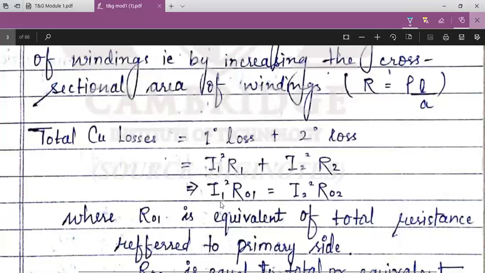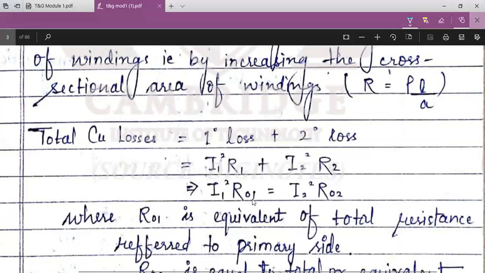So here the total copper loss is nothing but I1 square R01. This R01 is the equivalent resistance; as I told, there are two resistances, one is primary resistance, the other is secondary winding resistance. So it is the equivalent resistance of the transformer referred to the primary side.